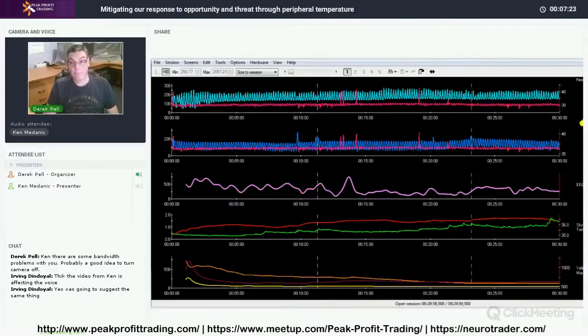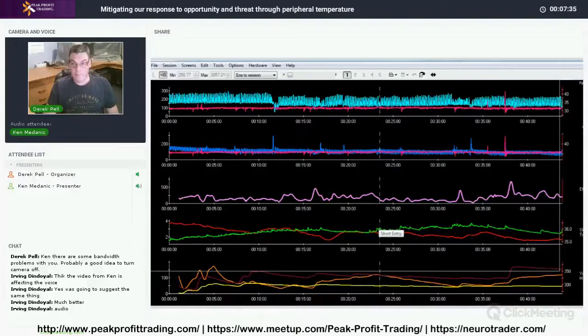The recap. This is all one trading session, an hour and a half worth. The first trade was successful, and you can see how consistently stable the temperature is. I take a following trade, but it's a losing trade, and you see automatically what temperature does.